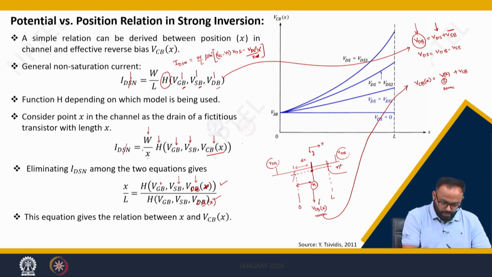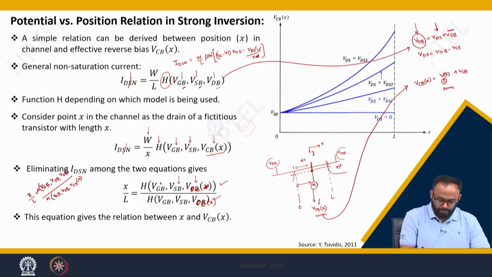So if you divide those, x by L equals the function of VGB, VSB and VDB divided by h of VGB, VSB and VCB of x, correct. So this is VCB of x and this is VDB.